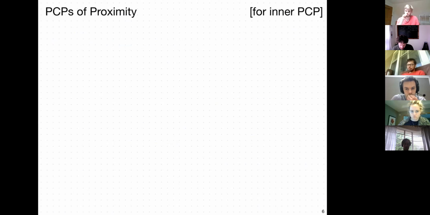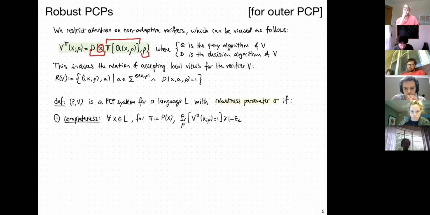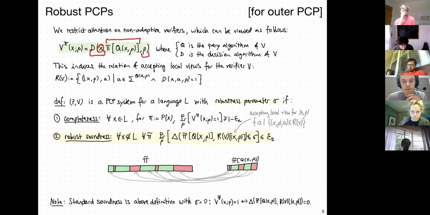Let me go back, I see questions regarding A. A is the answers to these queries. And what does sigma to the q mean? Let me clarify this definition because it's a bit confusing. Sigma is the alphabet of the PCP.